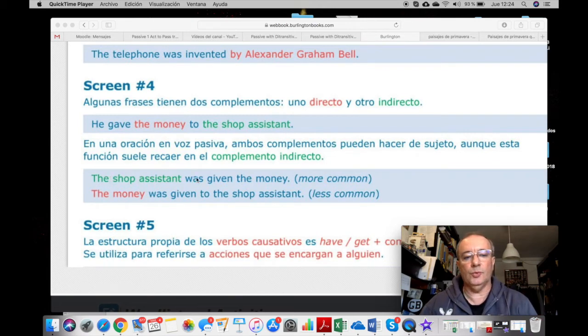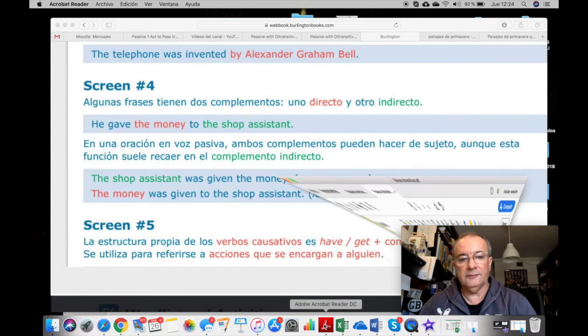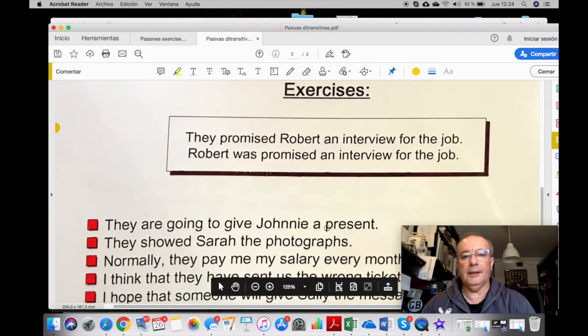The shop assistant was given the money. This is the most common, because the shop assistant involves a person, yeah? The person receiving the action, okay? The second one is the money was given to the shop assistant, which is less common but also correct in English, okay?